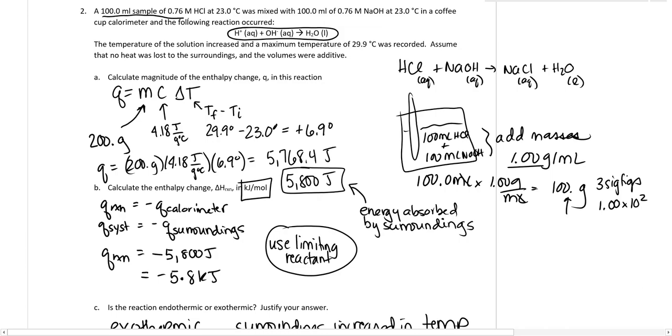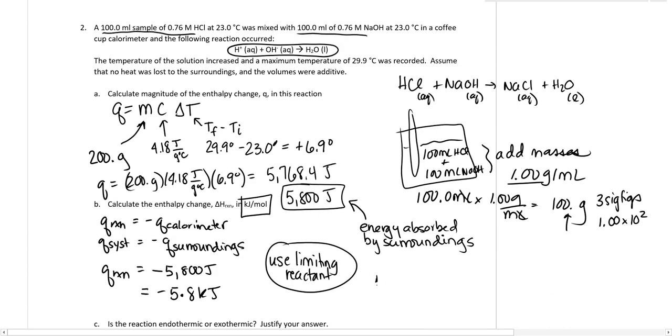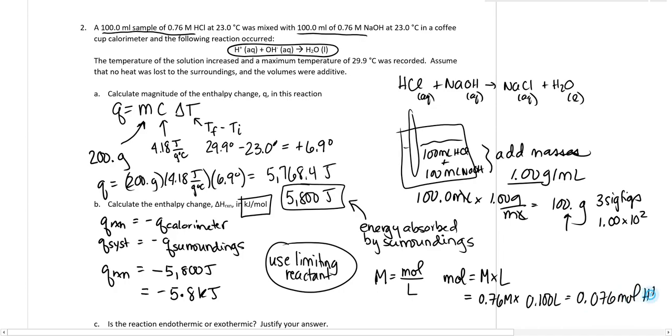When we have solutions, we find moles by using the molarity. Remember, molarity is moles per liter. So to find moles, I would take my molarity times my volume. My molarity is 0.76 and my volume is 0.10 liters. So that means I have 0.076 moles of H+.